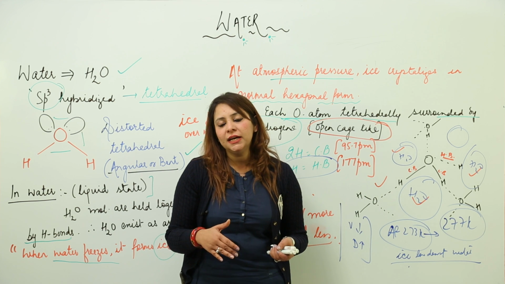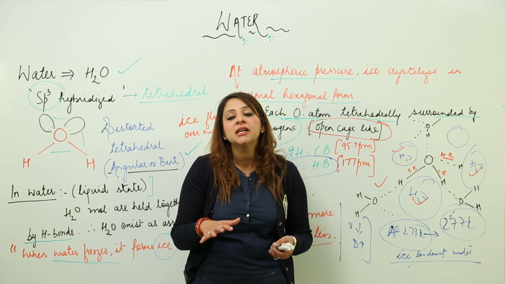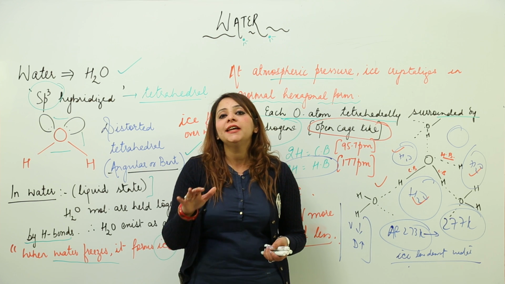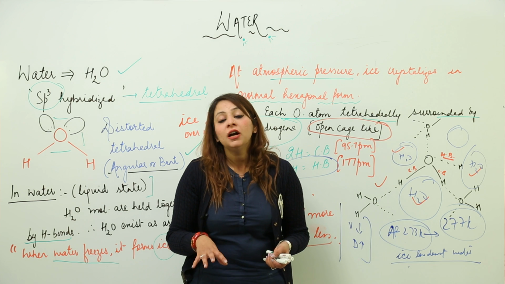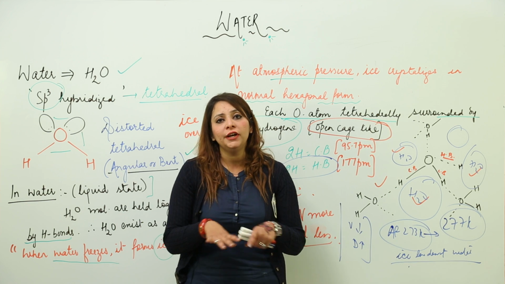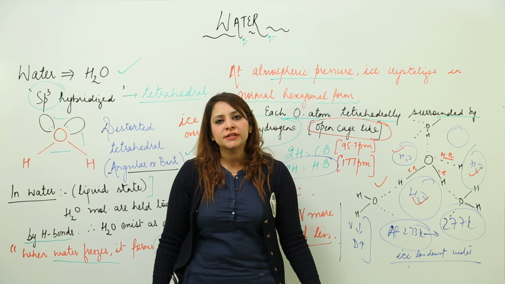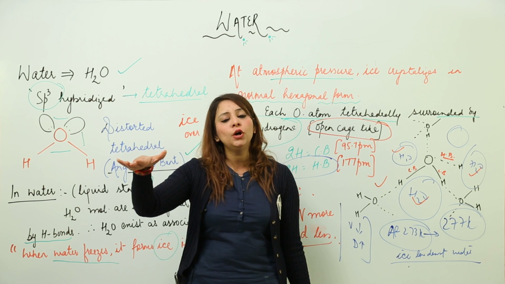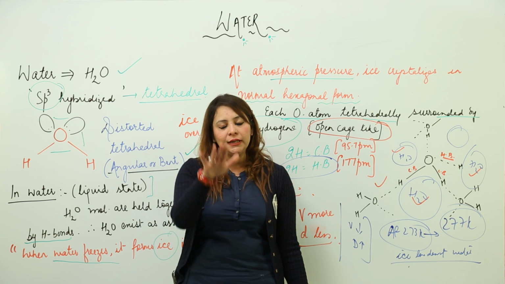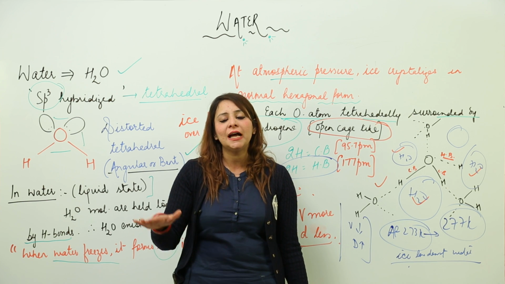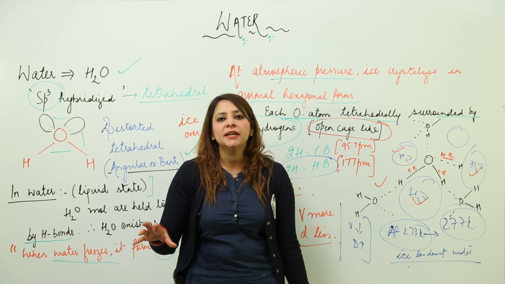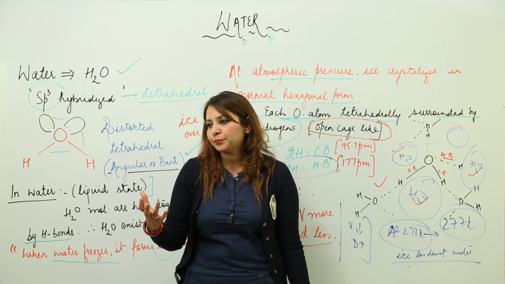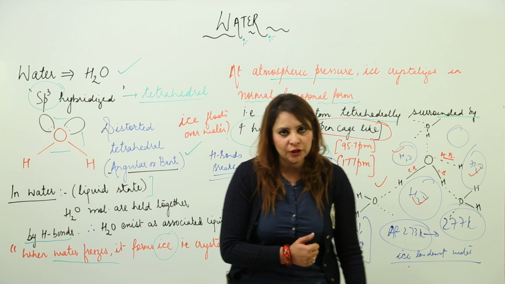But the lower water layers don't freeze and remain in liquid form, and the aquatic animals can survive there. Otherwise, if the water body froze, how would the aquatic animals survive, right? So this is the reason that ice keeps on floating on water, and in the lower layers we have only the liquid state, that is the water, and the aquatic animals can survive better in that and bear the winter conditions outside.